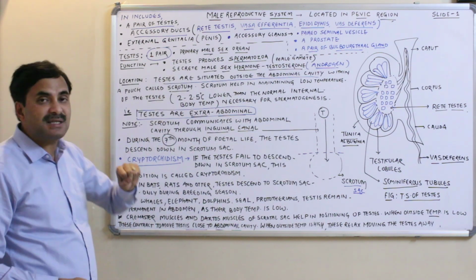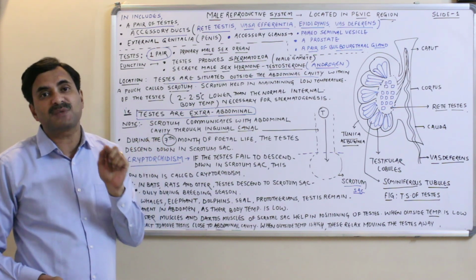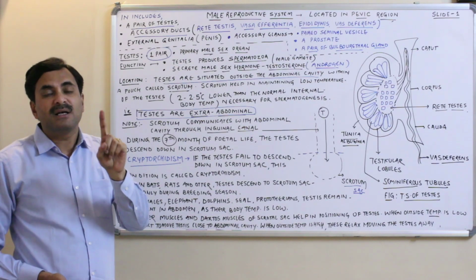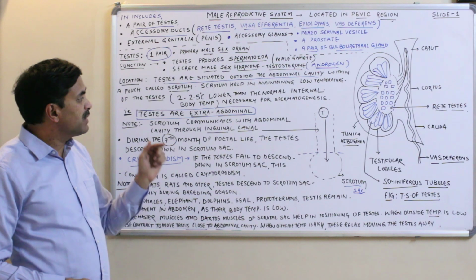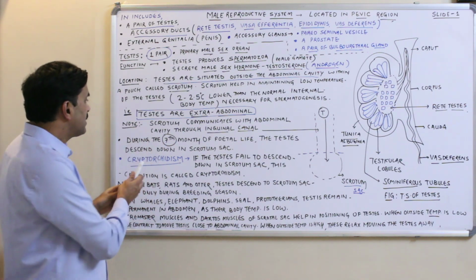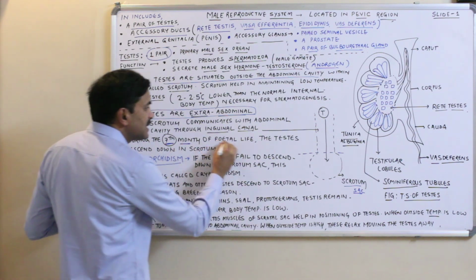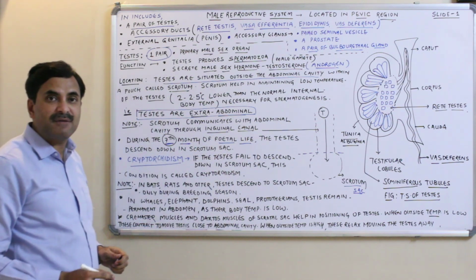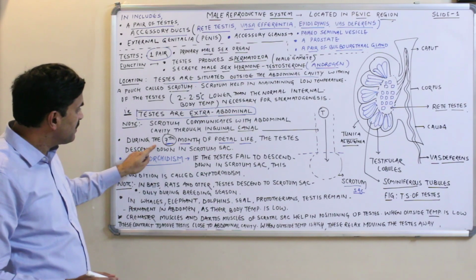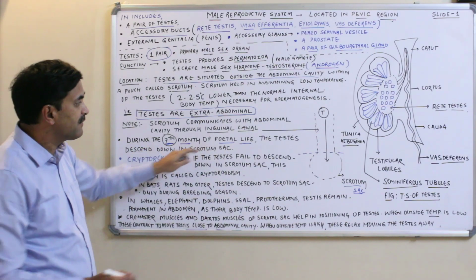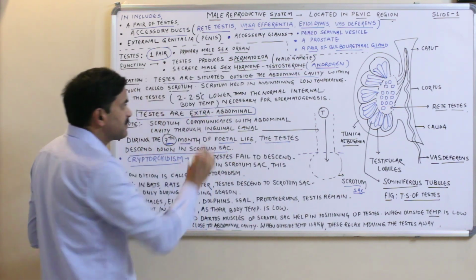Now the question arises, why do testes descend down in the scrotum sac? Actually the testes were found in the abdominal cavity, but during the 7th month, remember this thing, during the 7th month of the fetal life, we know very well that the entire fetus develops in 9 months. So in human beings during the 7th month of the fetal life, the testes descend down in the scrotum sac.